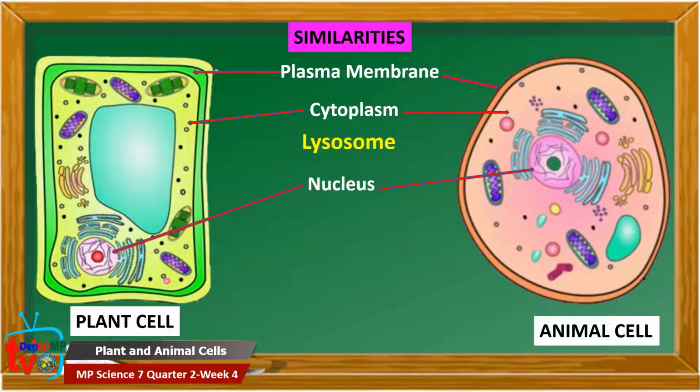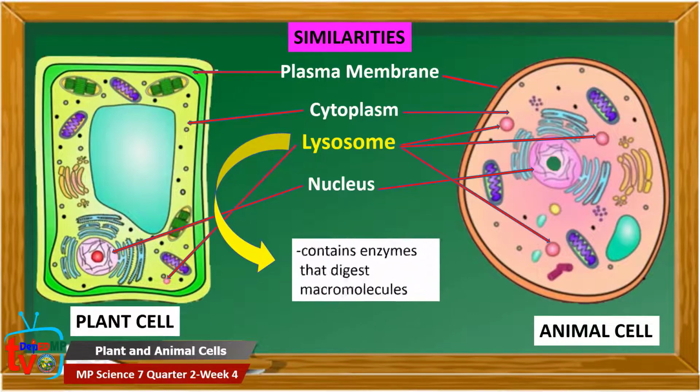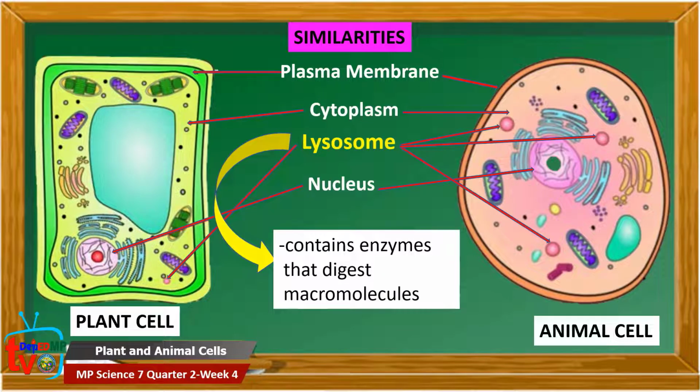Lysosome. Animal cells possess lysosome, which contains enzymes that digest cellular macromolecules. On the other hand, plant cells rarely contain lysosomes as the plant vacuole handles molecular degradation.